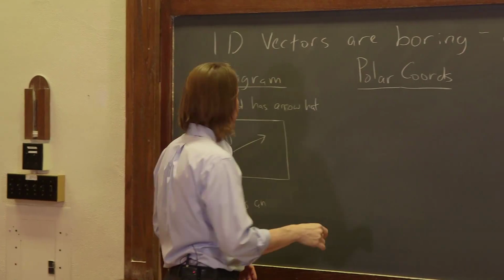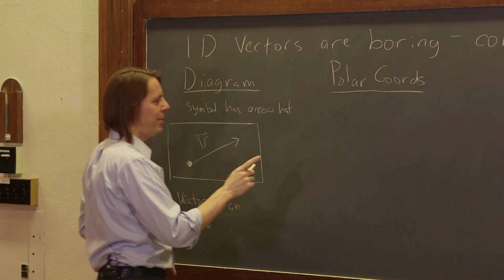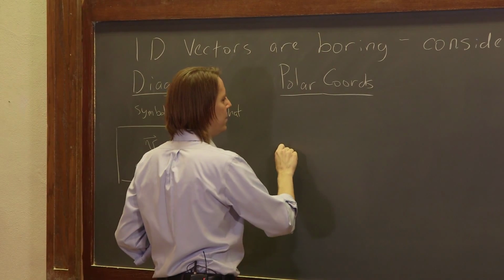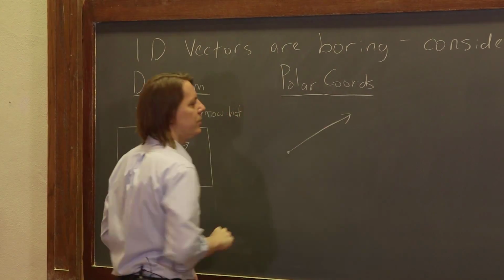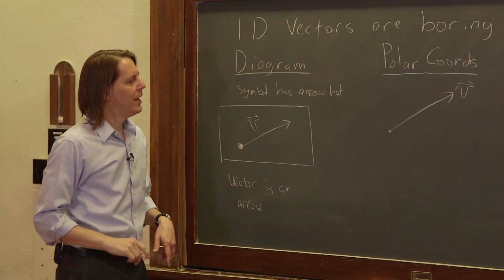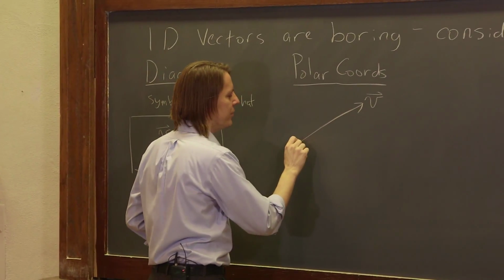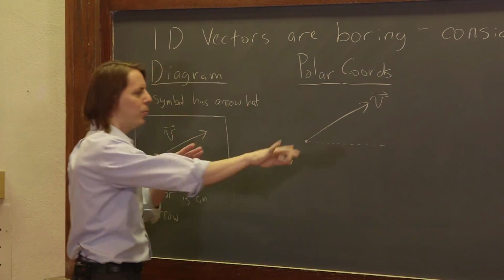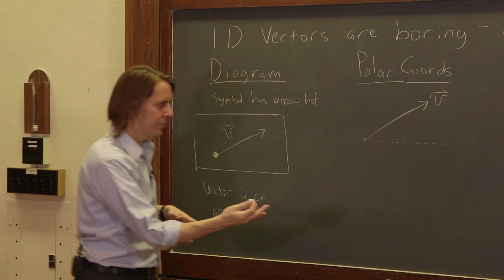That's really the difference. So if we want to represent this vector mathematically, one option is to put it at the origin of a polar coordinate system. So there it is again. I'll put its symbol up here this time. And if this is the origin of a polar coordinate system, the angle is always defined counterclockwise from the horizontal axis to the right. Okay?